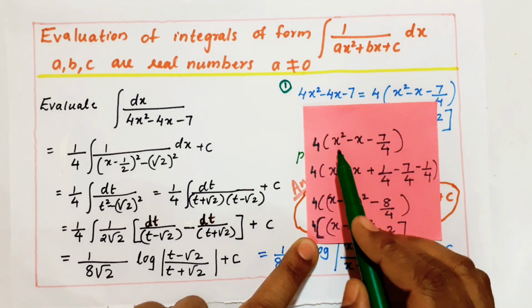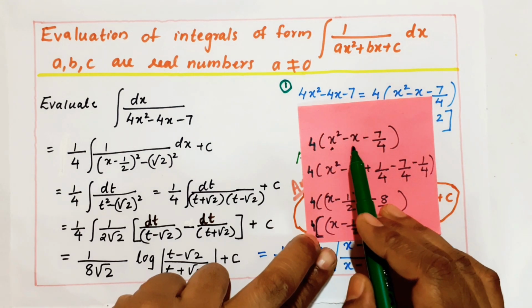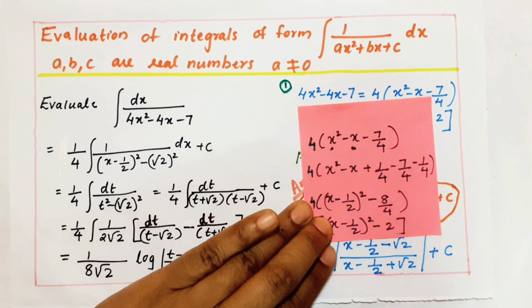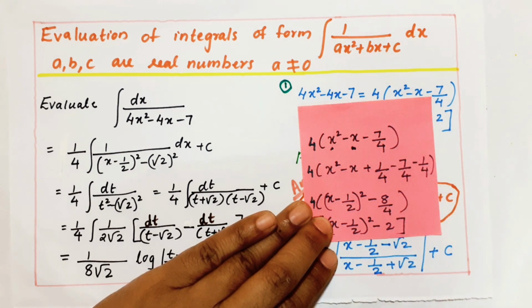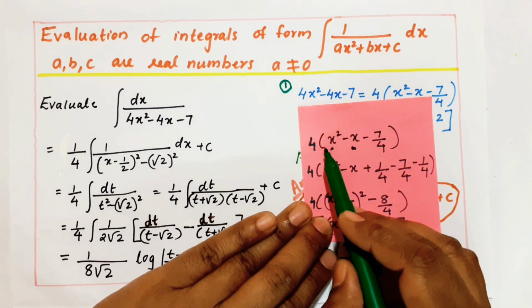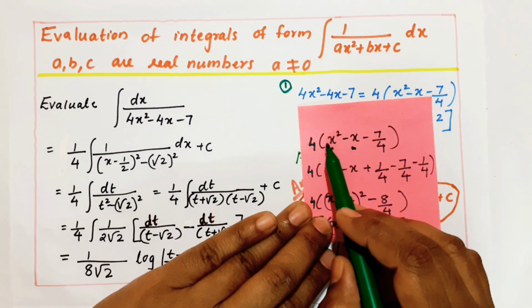Now we check here, this is x square and this is x, right? We know that here there is minus. So if it is a minus b the whole square, we know the expansion a minus b the whole square is a square minus 2ab plus b square. The coefficient of a here is 1.